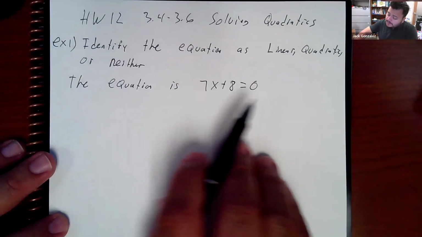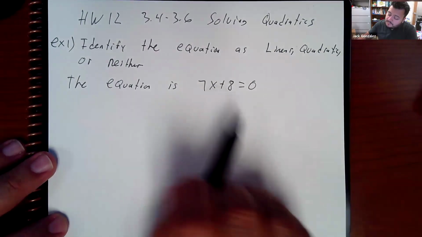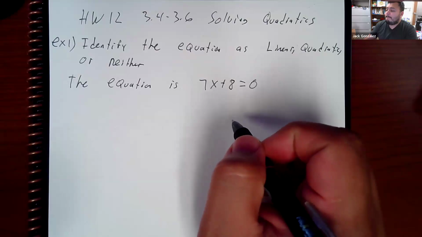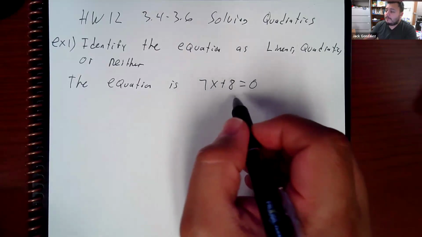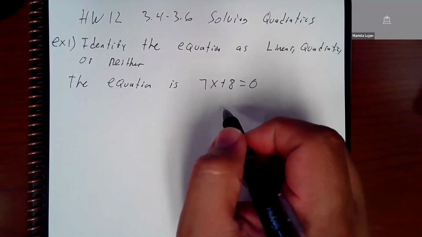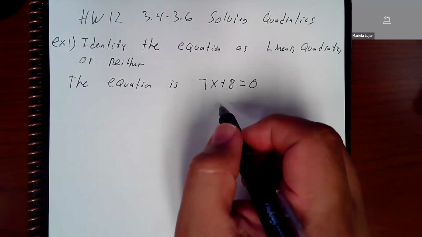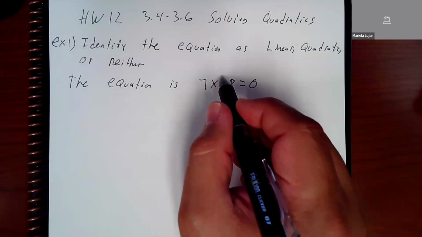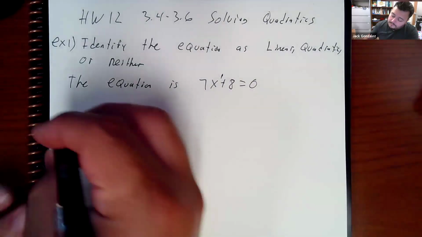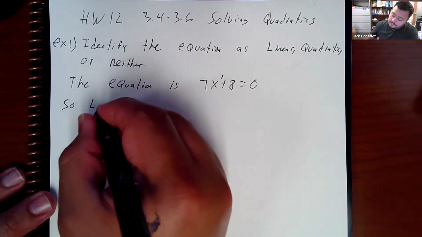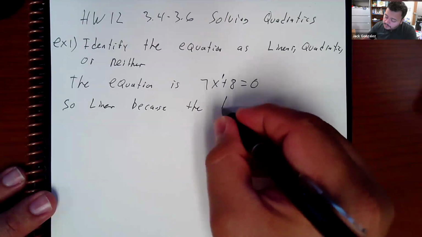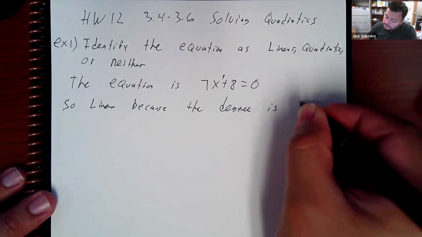So it all depends on the highest power. So the highest power is what? On the variables. And this is a 1, right? It was linear because the degree is 1.